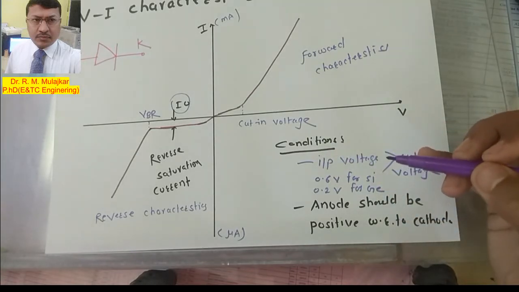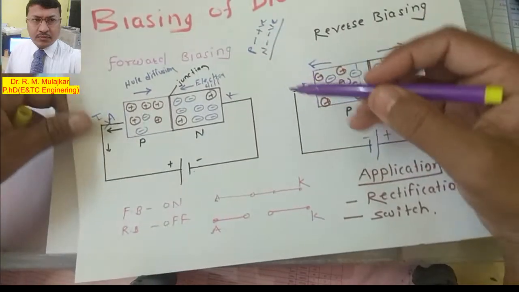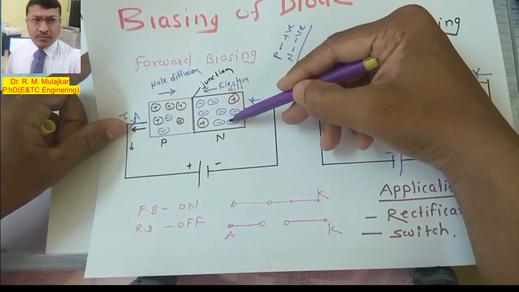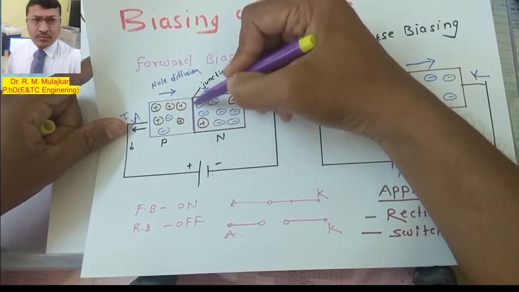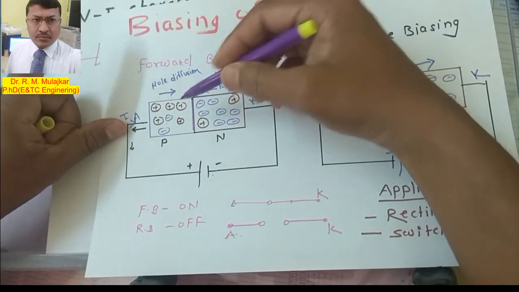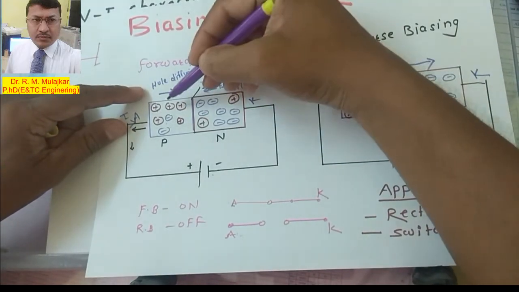Now what is the cut-in voltage? When the diode is fabricated by combining p-type and n-type semiconductor, it forms a p-n junction. To break this junction, holes and electrons must be diffused.